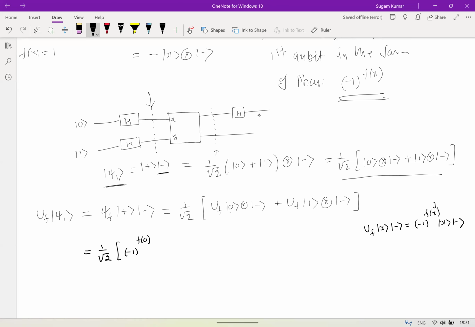So this will become F0, and here you will get X as such, but X is 0, and tensor product negative. Look at the second step. It is going to make minus 1, now X is 1, so this is going to become F1, X as such and minus also as such. So you can see that this is the outcome when the oracle is going to act on the psi 1.